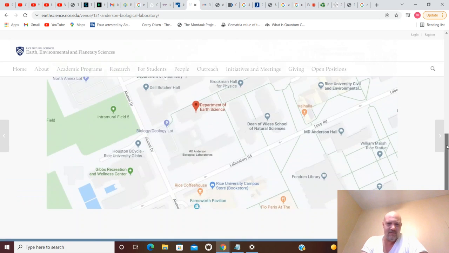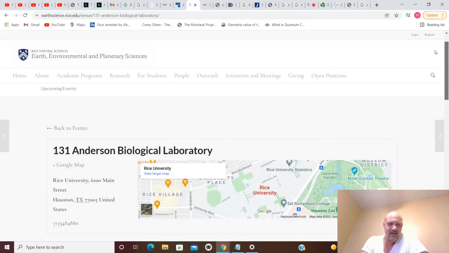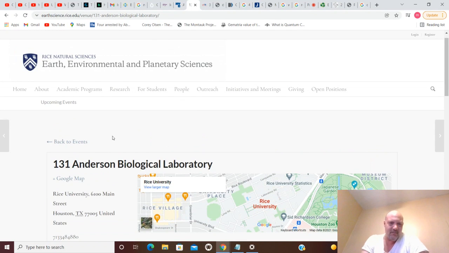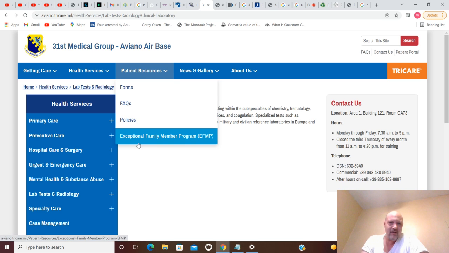So it's got a map of where it's at. But I think the important thing is this is a biological laboratory. 131 Anderson Biological Laboratory.